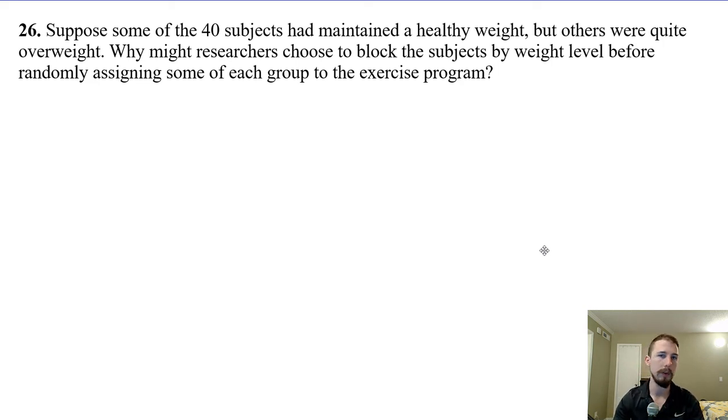So for instance, if we had more overweight people in one treatment group than in another treatment group, then that might skew our results to make us think that, okay, so it's really this that's causing the difference instead of that one.